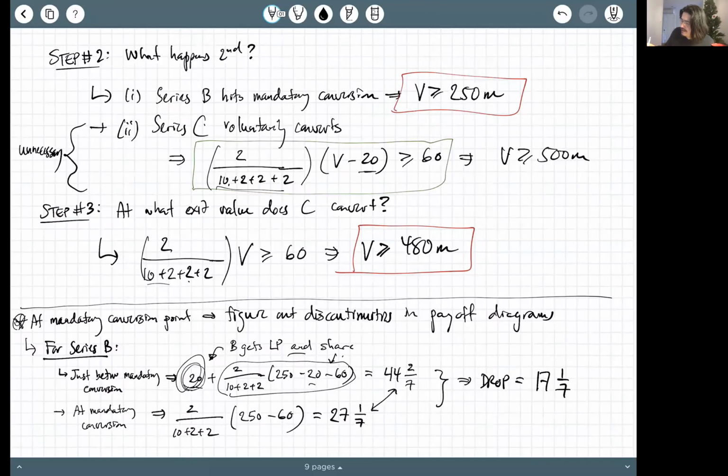Meanwhile, in the second scenario, B only gets shares. So they've lost this 20, but their shares are worth a little bit more because 20 is no longer being taken out. They're a net loser because they preferred to get 100% of that 20. Now they're getting just 1/14 of that 20.